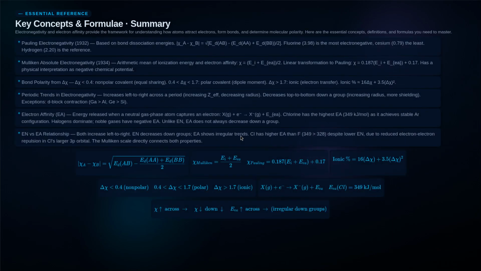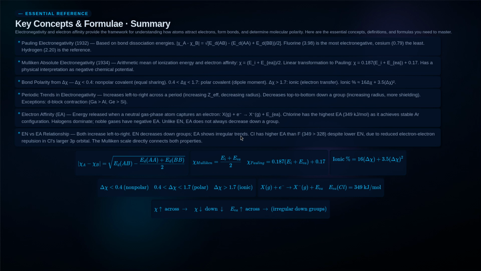Let us review the key concepts and formulas. Pauling electronegativity is based on bond dissociation energies. Fluorine is the most electronegative at 3.98 and cesium the least at 0.79. Mulliken electronegativity is the average of ionization energy and electron affinity. Bond polarity is determined by the electronegativity difference.